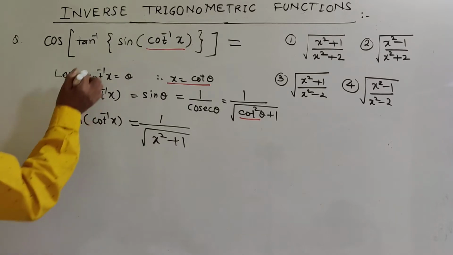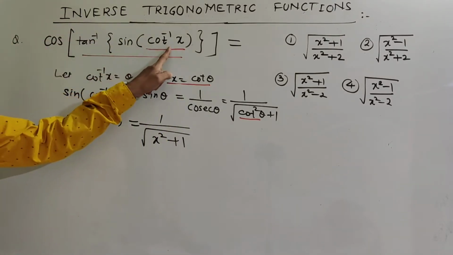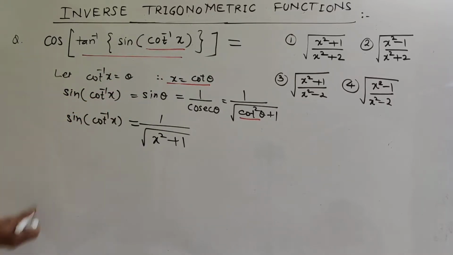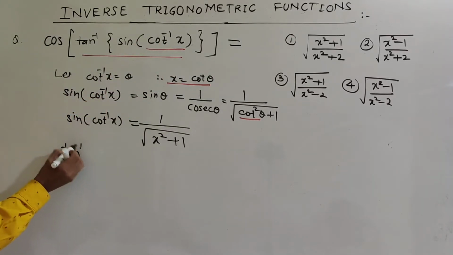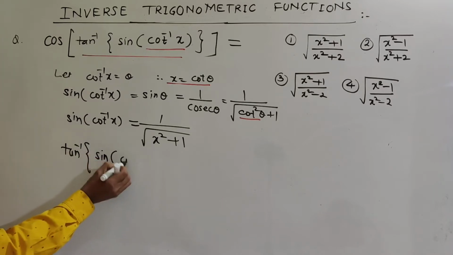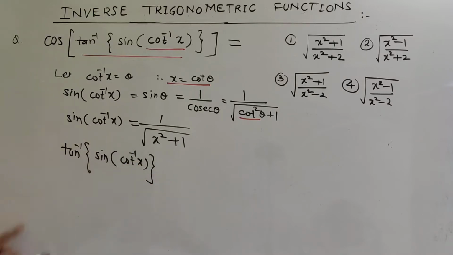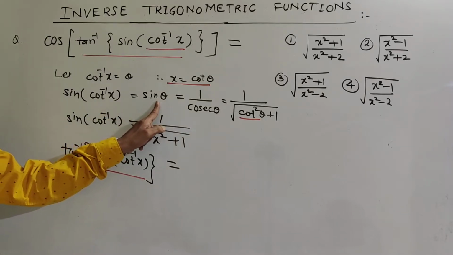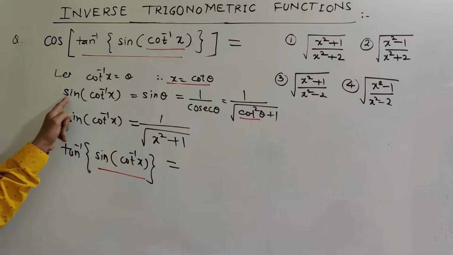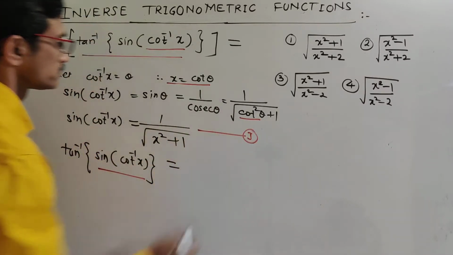Now we will consider tan inverse of sine of cot inverse x. Sine of cot inverse x is equal to this, and we can denote it by 1.